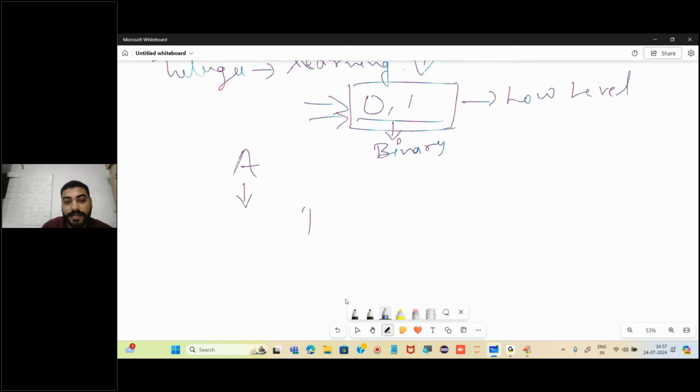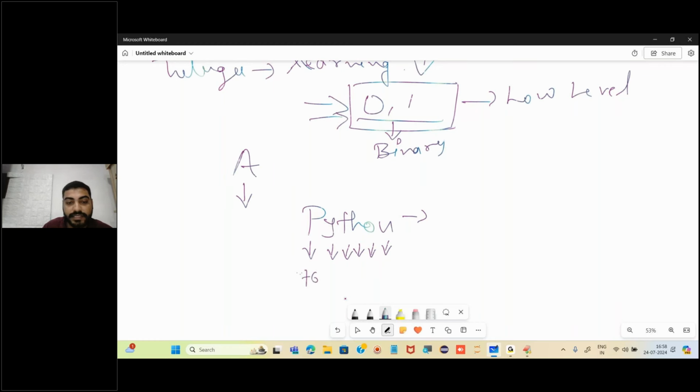Let's suppose I have written Python. For each and every character, there are some numbers that have already been allotted. For example, let's suppose this is 28, or for P let's take any value like 76.